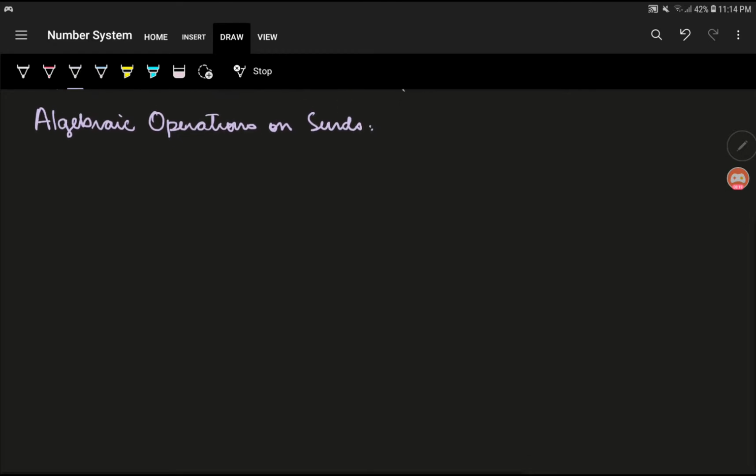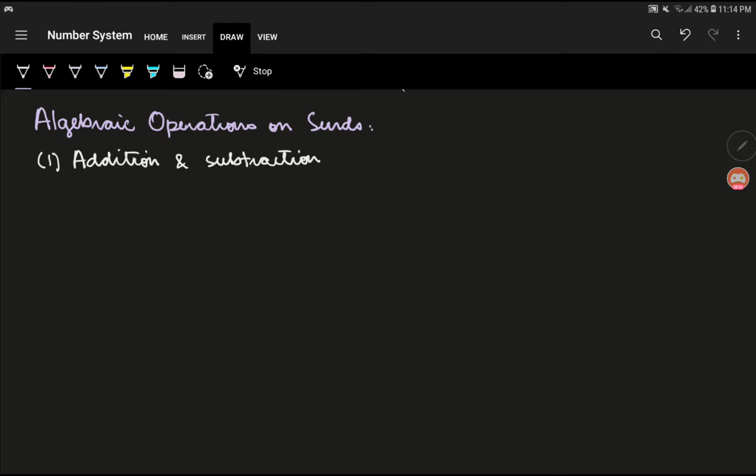The first one is related to addition and subtraction.